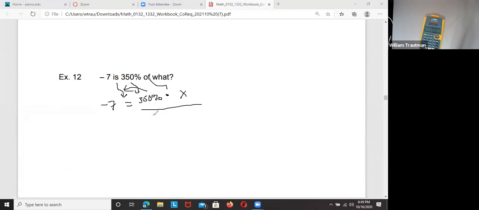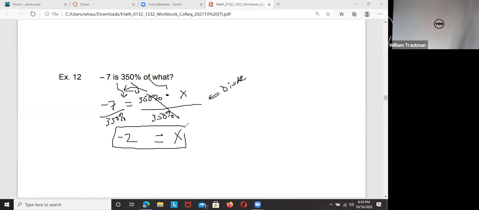It's multiplying here, so I have to divide by 350%. That turns into 1. X equals, on my calculator, I hit fraction, negative 7 on top, 350 with the percent symbol on the bottom, and my answer is negative 2. Negative 7 is 350% of negative 2.